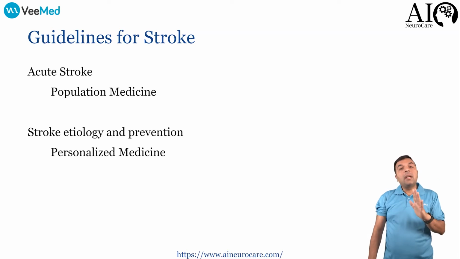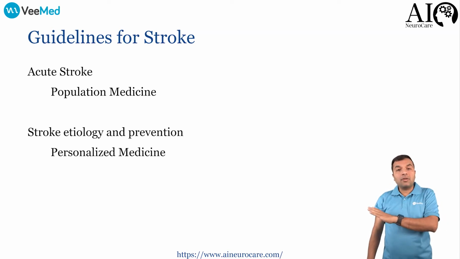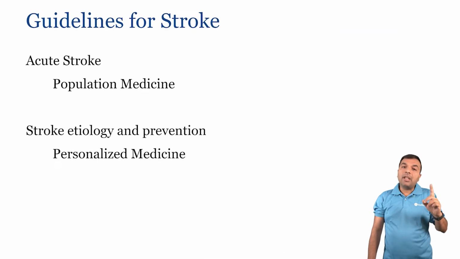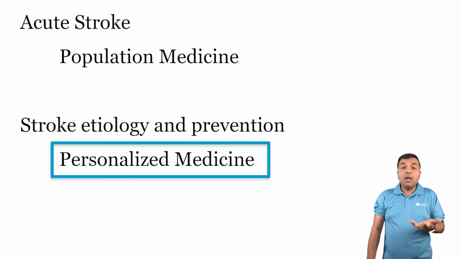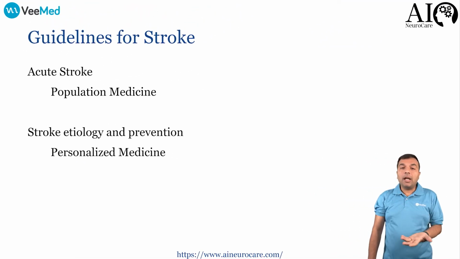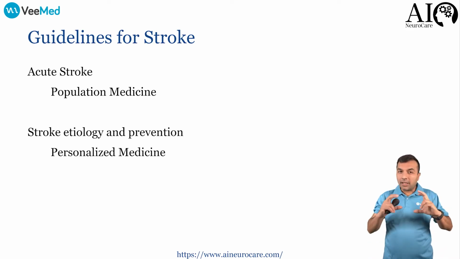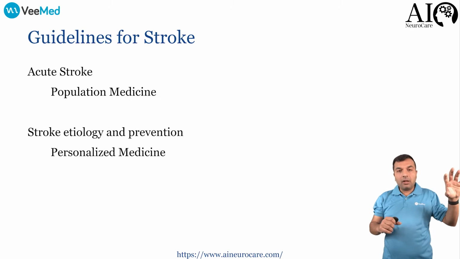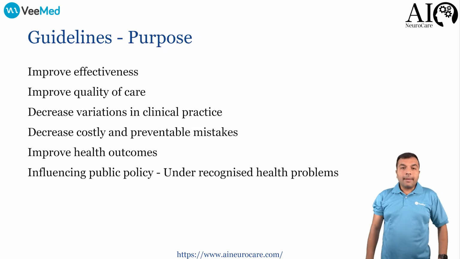However, secondary stroke prevention would be separate, and that would be something personalized according to that patient's need. What is their bleeding risk, and how are we going to adjust antithrombotics in that individual patient? So again, from a conceptual perspective, population health and personalized medicine.